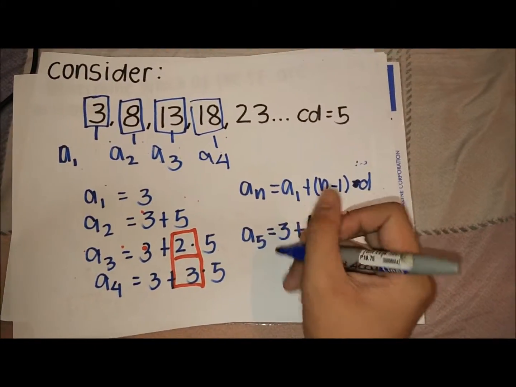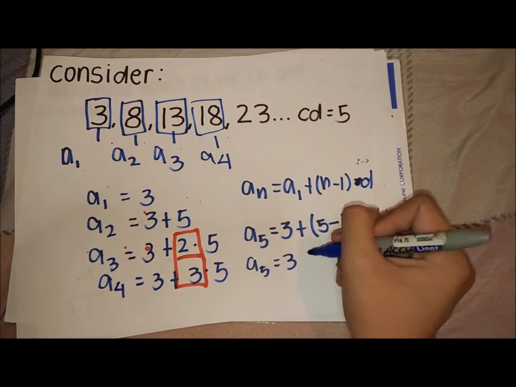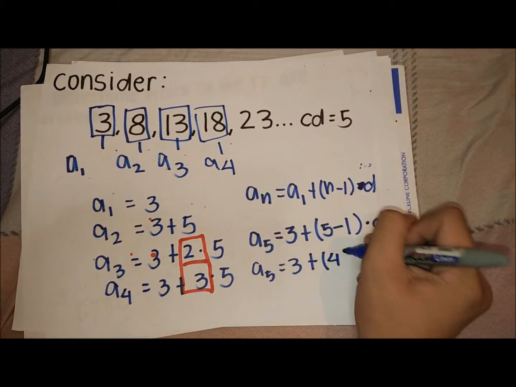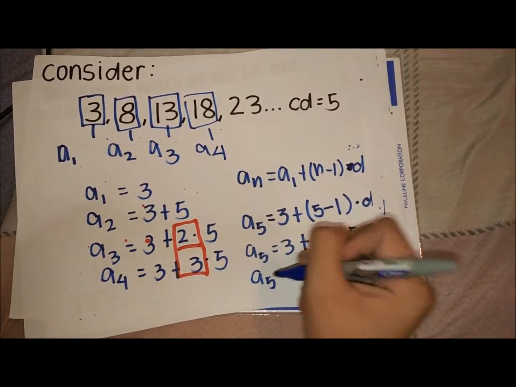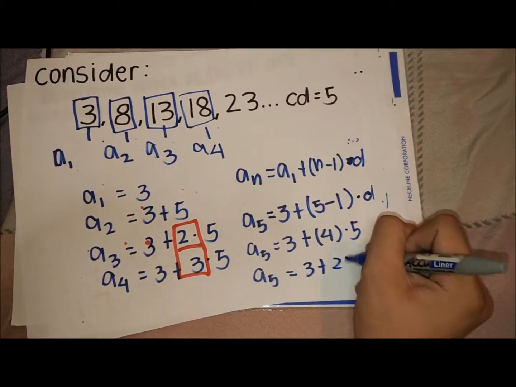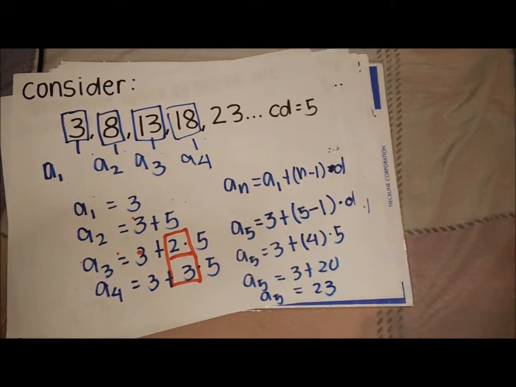So a sub 5 is equal to 3 plus 4 times 5. So a sub 5 will be 3 plus 20, and a sub 5 is equal to 23.